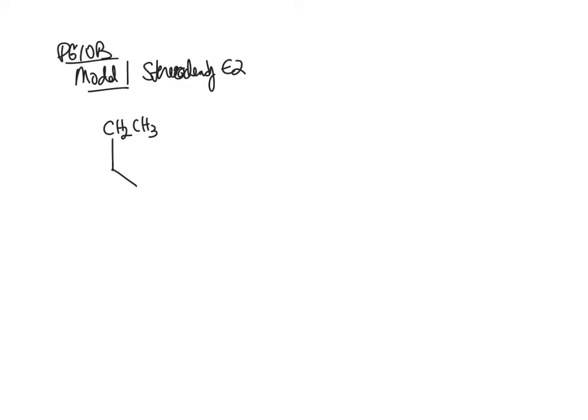What does that sentence say? It says it has to be 180 degrees elimination, 180 degrees apart. This is compound A, and these three lines mean it's the same.